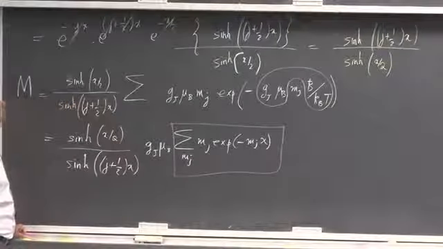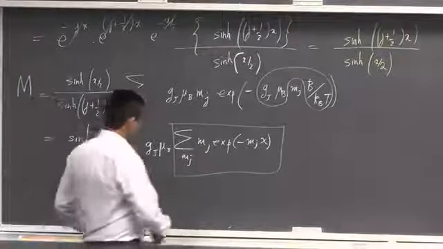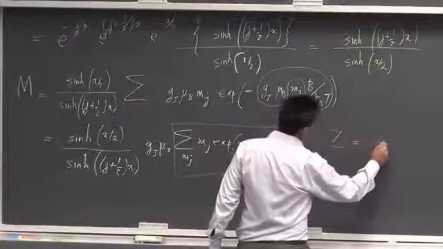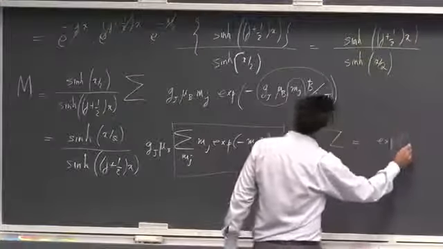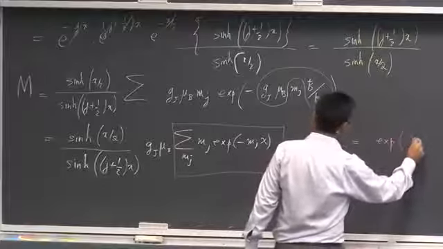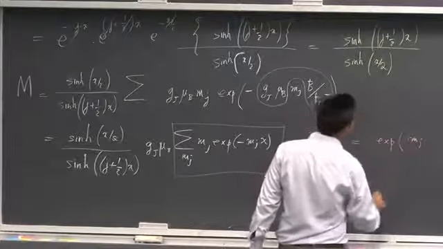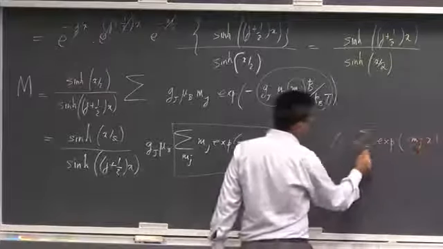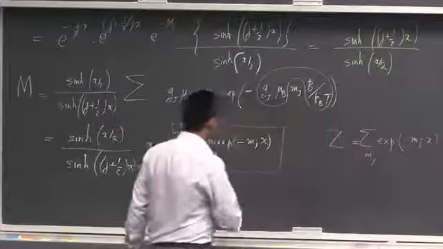The partition function is, as you could well imagine, given by the sum over mj of exponent plus mjx. By the way, this is plus here.